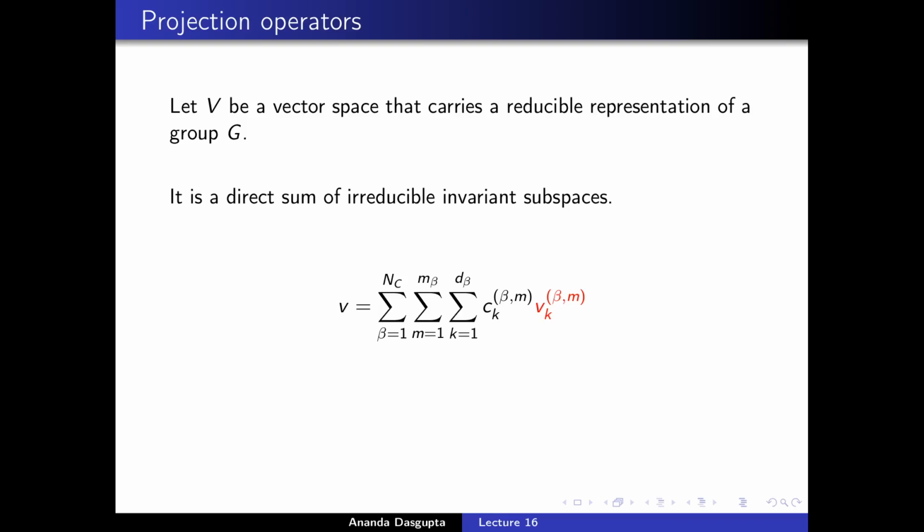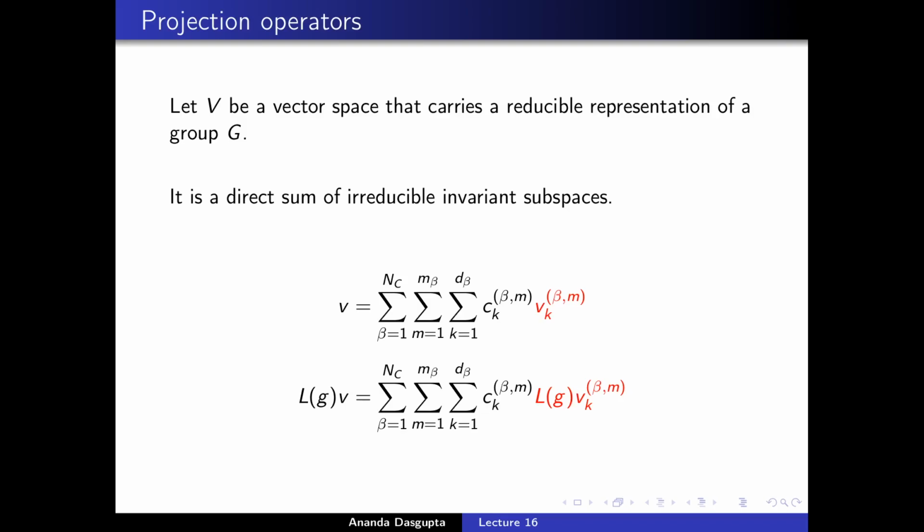We know how each and every one of these v beta mk's responds to the action of the group elements. This tells us that we can also figure out how any group element G acts on V. Of course, a group element G acts on V via a linear transformation, L of G acting on V. And when L of G acts on V, L of G being a linear operator goes right into the sum, goes past the coefficient C beta mk and acts on V beta mk.